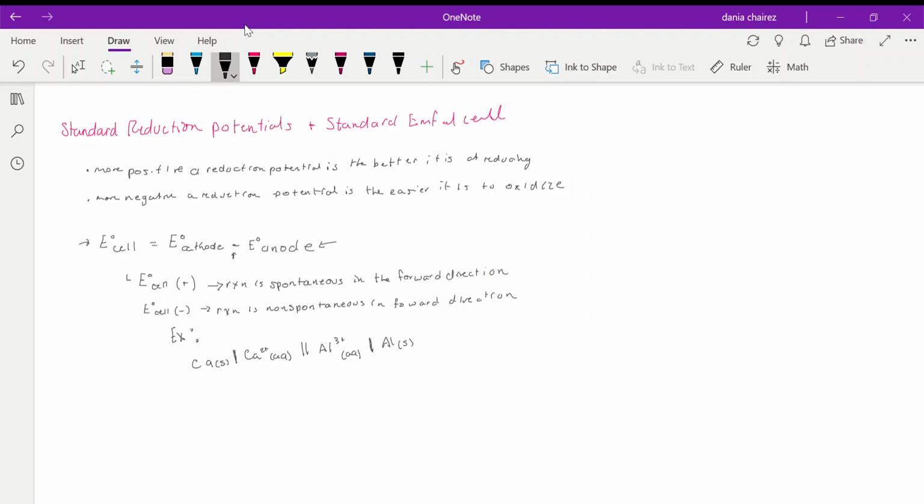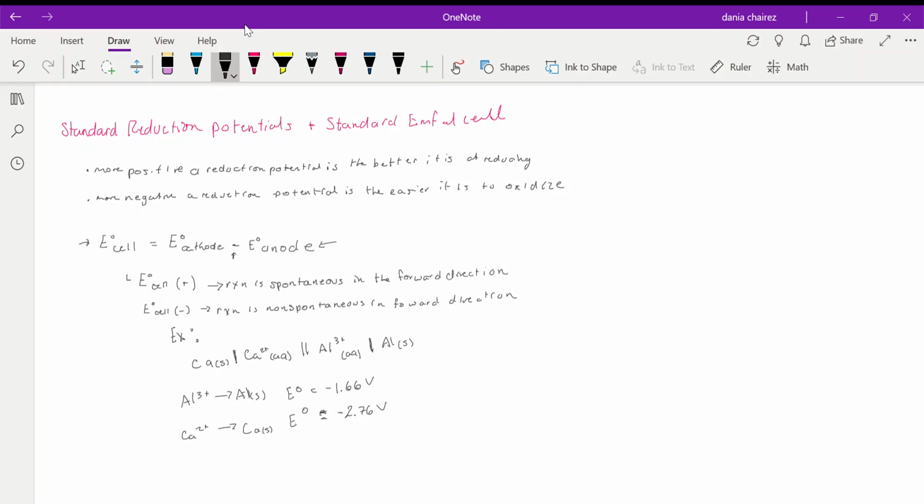And then it gives us that for aluminum 3+ to aluminum solid, your E naught is equal to negative 1.66 volts. And then for calcium, your E naught is equal to negative 2.76 volts.